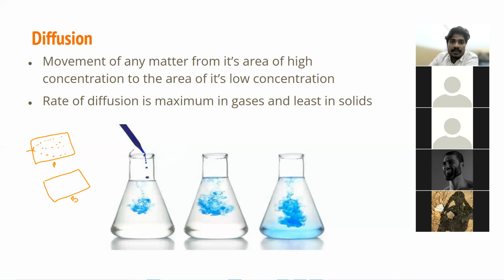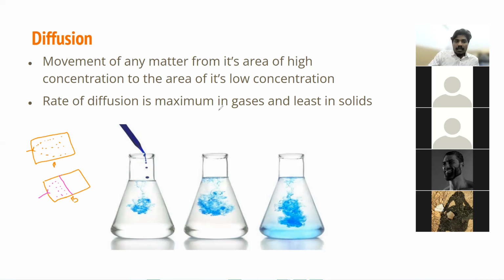But in box B, suppose there is a barrier, and now you are releasing the same gas. Will this gas be able to occupy the entire space of the box? No. So that is why the correct definition of diffusion is the movement of matter from its area of higher concentration towards the area of its lower concentration when these two areas are in direct contact with each other.